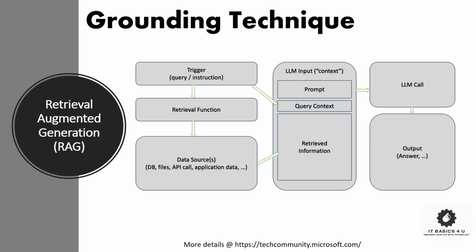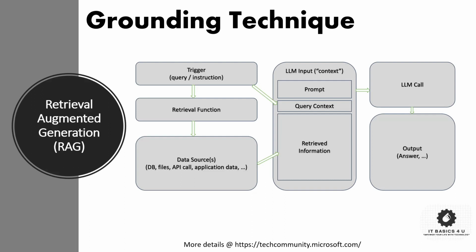So let's try to understand that with this schematic. If you look at this flow, what happens exactly in RAG is you use certain applications. These could be Microsoft applications, a query engine, or any triggering mechanism. It can be a chatbot also, right? Your user triggers a query or an instruction. Then it goes to the next step, which is a retrieval function.